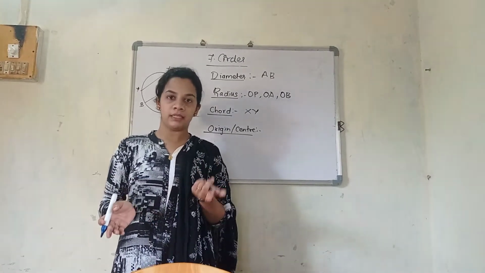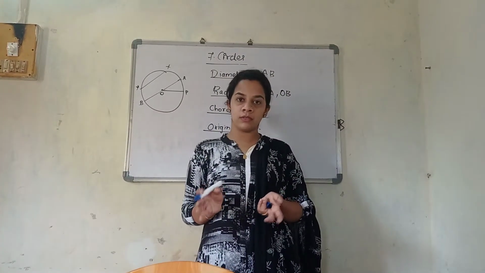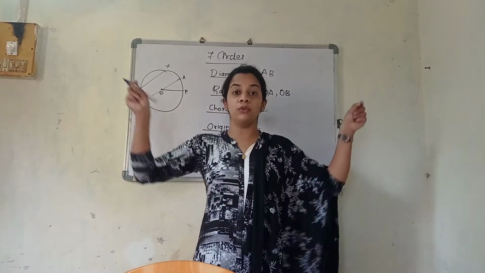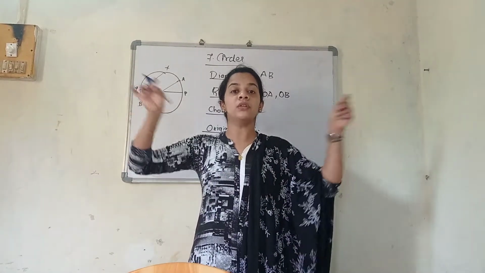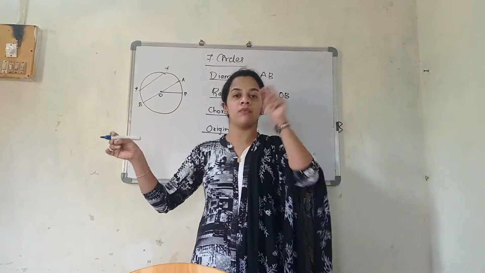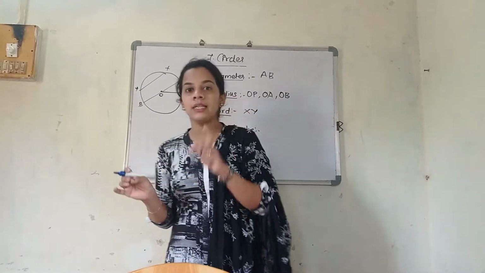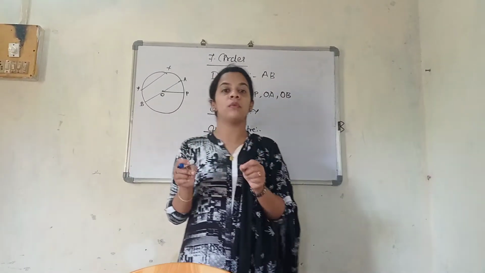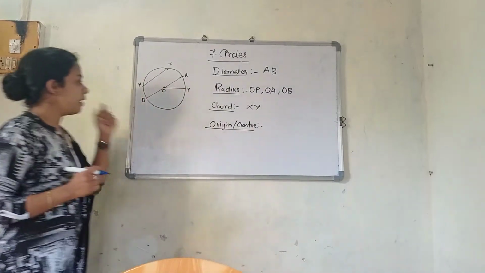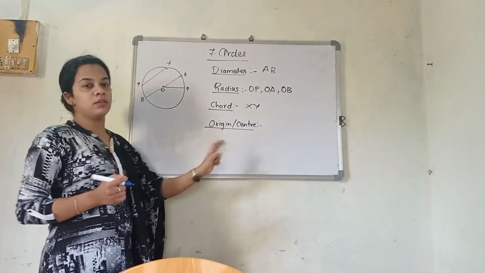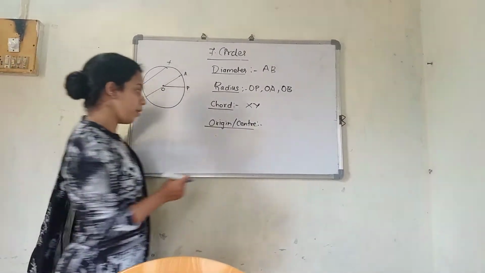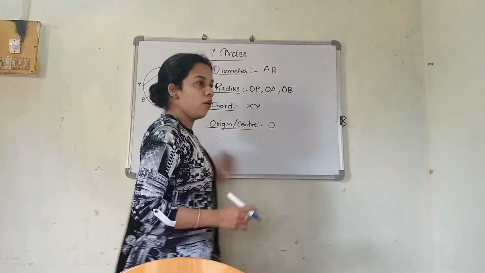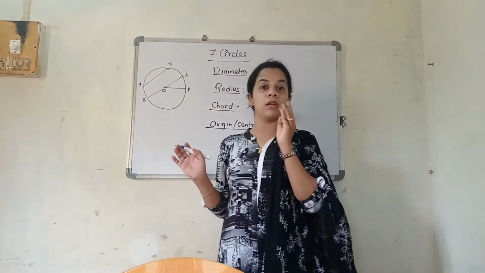Your answer will be yes. The diameter is also said to be a chord because the diameter also touches two different points of the circle, by coming from the center itself. But for a chord, there is no compulsion that it should pass through the center. And they have asked you the center or the origin. The origin of this circle is the point O. So I hope these basic concepts are known to you.